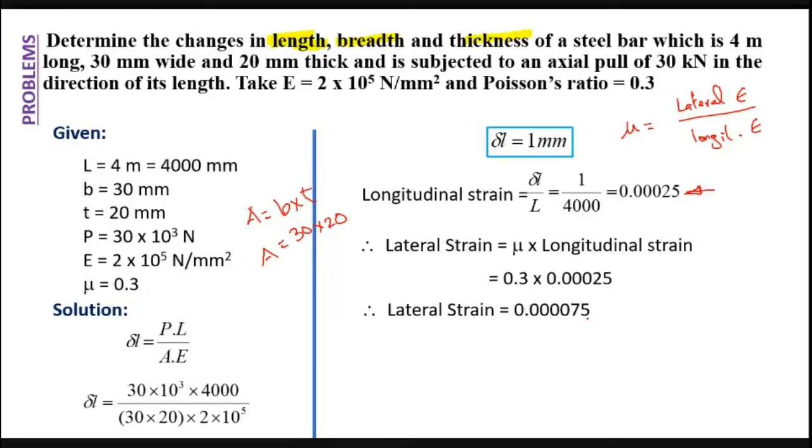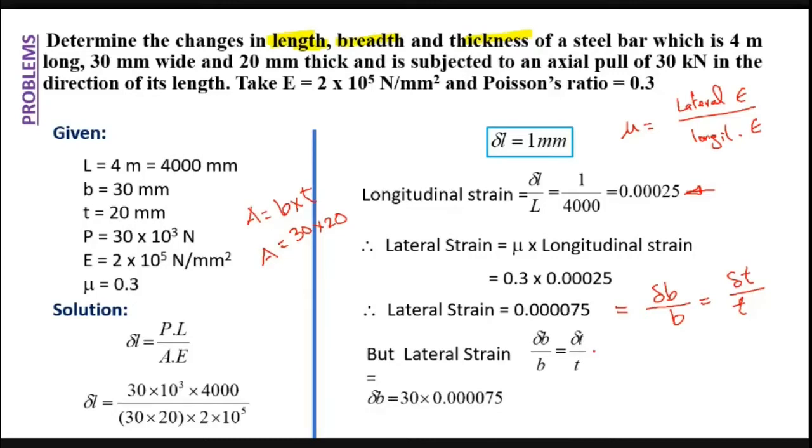But we know that this lateral strain is change in breadth by original breadth, and of course it is change in thickness by original thickness. This is the formula. Like change in length by original length, here we have change in breadth by original breadth or change in thickness by original thickness, right? Applying it, change in breadth will be original breadth 30 into your lateral strain, which is 0.0075.